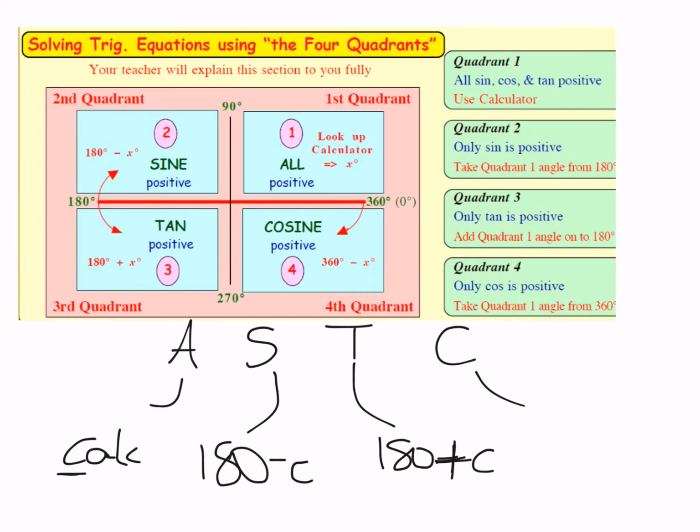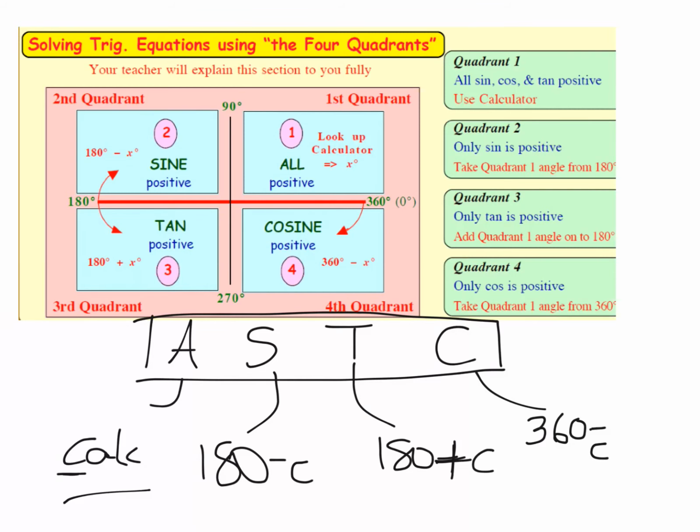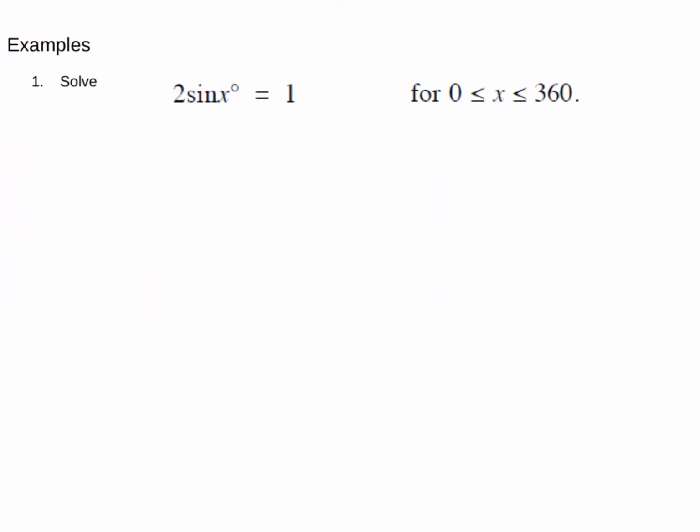And if you're looking for a solution in the fourth quadrant, you do 360 minus C, the calculator answer. Okay. We really memorised it by the 4 letters in that order and your wee sums to work out as well. Okay. I'm going to run through a couple of examples.